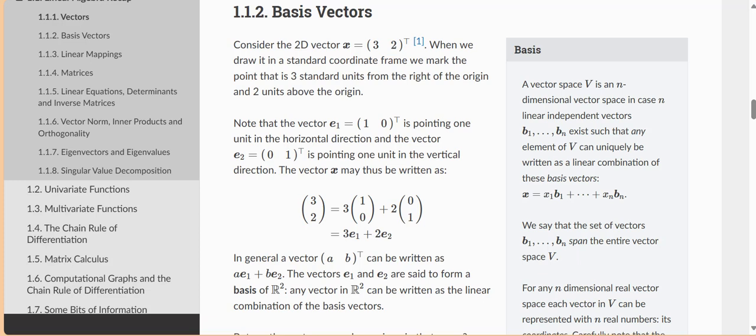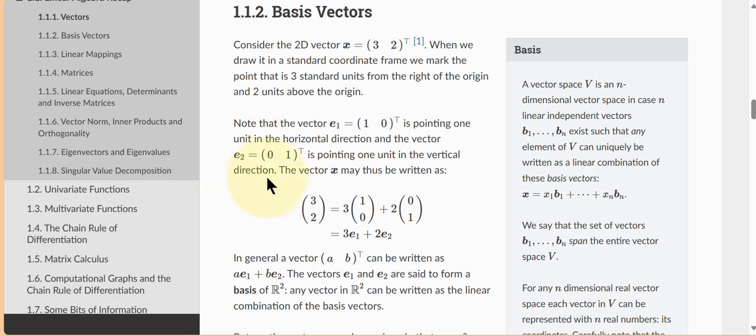We'd have to figure out how much in the blue direction and how much in the yellow direction to get to 3, 2. But these ones are special in the sense that they're a lot easier to use to express this as a combination of these two. But that doesn't mean that we can't use the blue one and the yellow one.